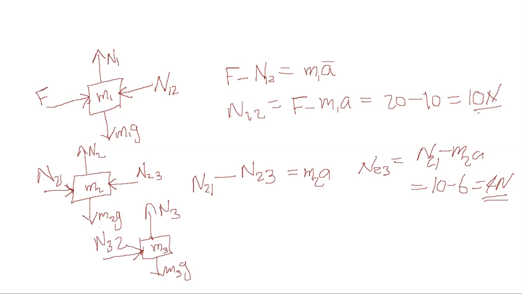We know that there is no other contact surface on this side of M3. So the equation of motion is N32 is equal to M3A, that is, M3 is 2 kilogram times A is 2, which is equal to 4 Newton.